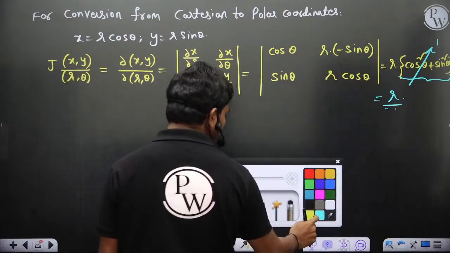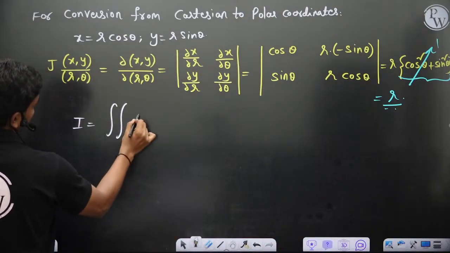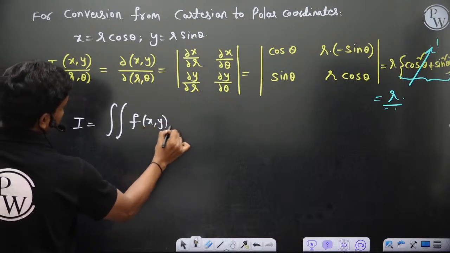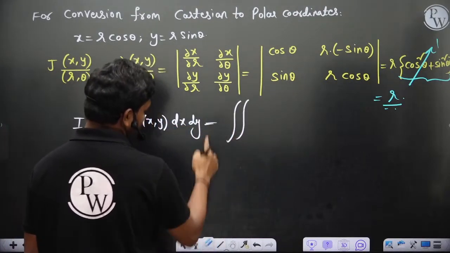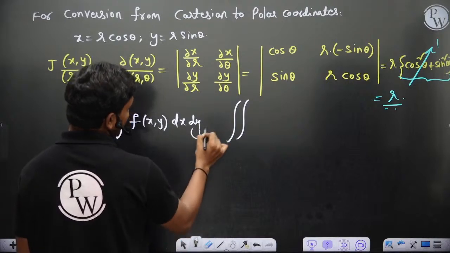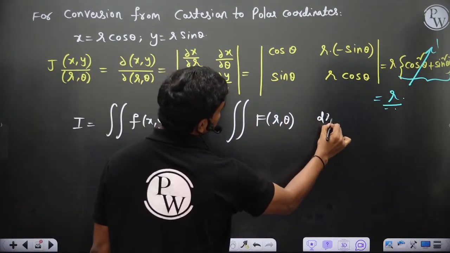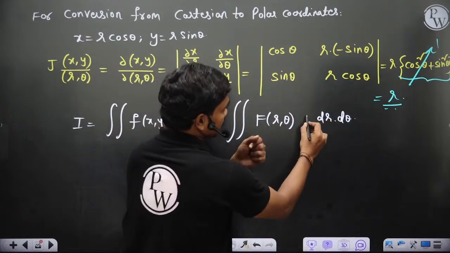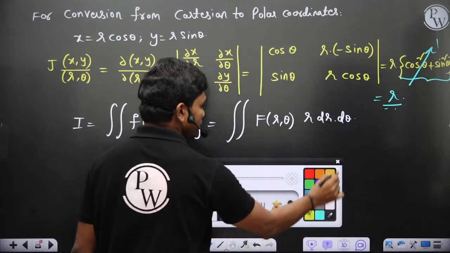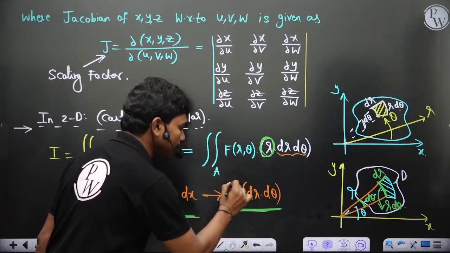This means if you want to convert any integral of some function f of x comma y dx dy to some function of r comma theta, and write dr d theta, you definitely should write the Jacobian value here, which is r. So mathematically doing this Jacobian and physically understanding this construction with r are the same.